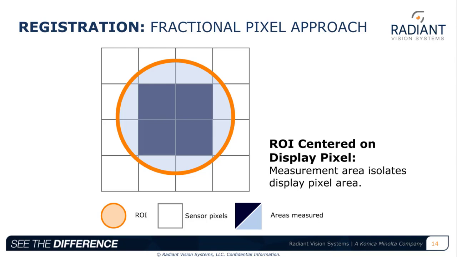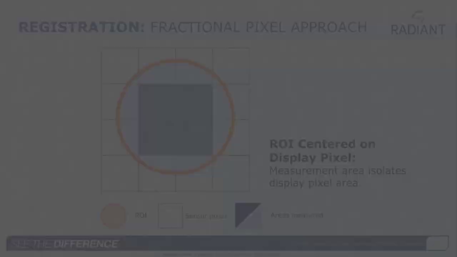In this method, we can provide more accurate registration even when pixels and subpixels are very closely spaced. This helps capture the exact display pixel area and prevents overlap from neighboring display pixels, minimizing crosstalk or contributions from other display pixels into that specific display pixel measurement.